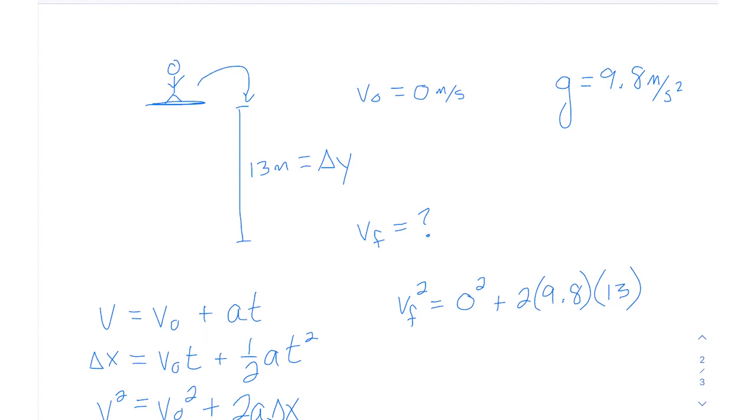When we plug that in and do the math, we have v squared equal to 0 plus 2 times 9.8, which is 19.6, and 19.6 times 13. That one I don't want to do in my head, so let me go ahead and calculate that. 19.6 times 13 is going to be 254.8. And when we take the square root, we get a value for v final of 15.96.